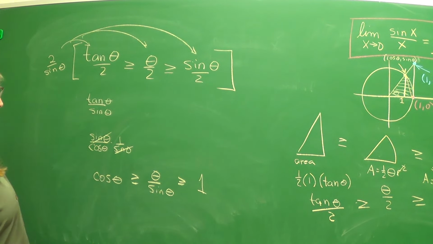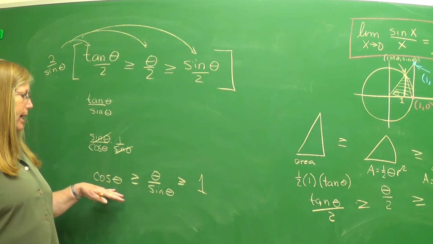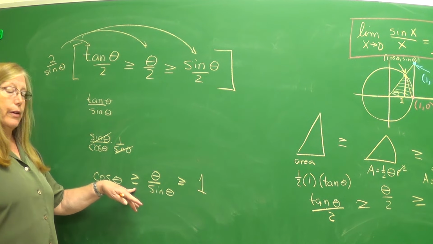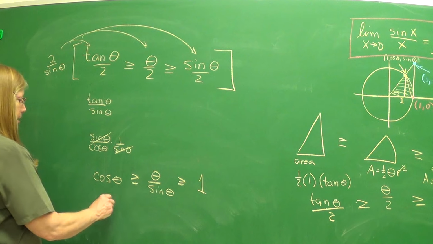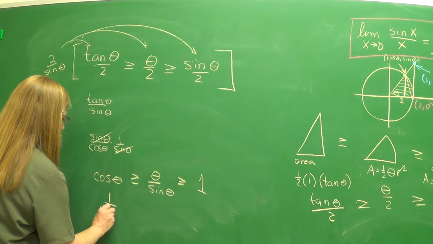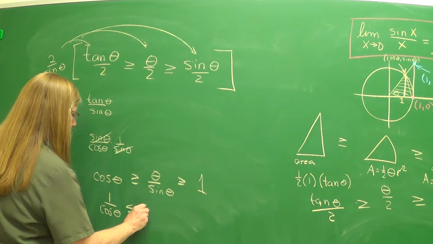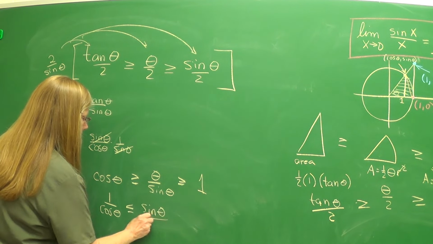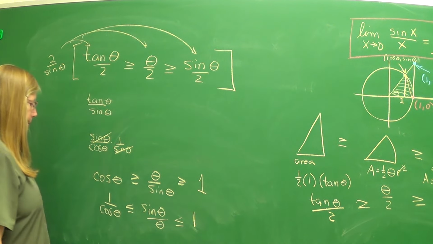So now I am going to use the reciprocal of all of these. When I do that in an inequality, it reverses the direction of the inequality sign. So I'm going to put 1 over cosine, the reciprocal. That causes this to flip, sine theta over theta. And the reciprocal of 1 is 1.